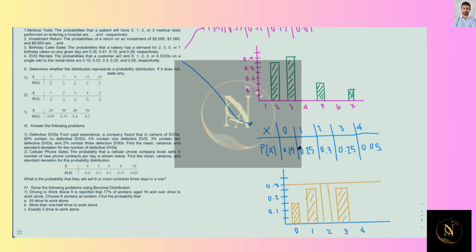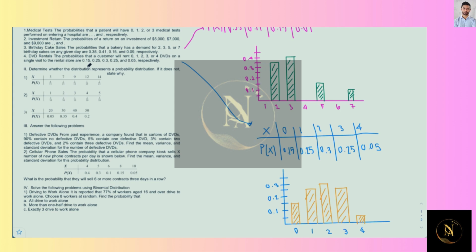And then 4 is at 0.05. Okay, so that's our graph for the probability there. All right, so that's 3 and 4.